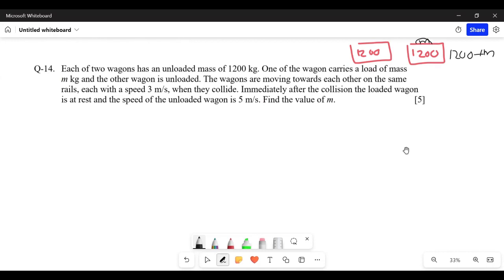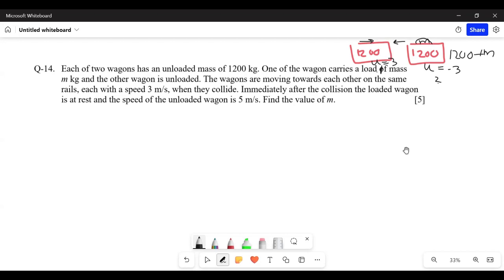And the other one is unloaded. The wagons are moving towards each other on the same line, each with a speed of 3 meters per second. So they're moving towards one another. So this is moving left, this is moving right, and this speed is 3. So U1 can be 3 and U2 will be negative 3 because they're moving in opposite directions.